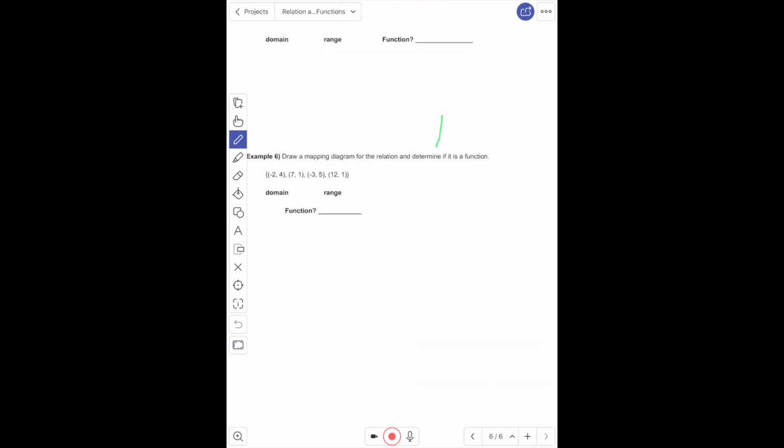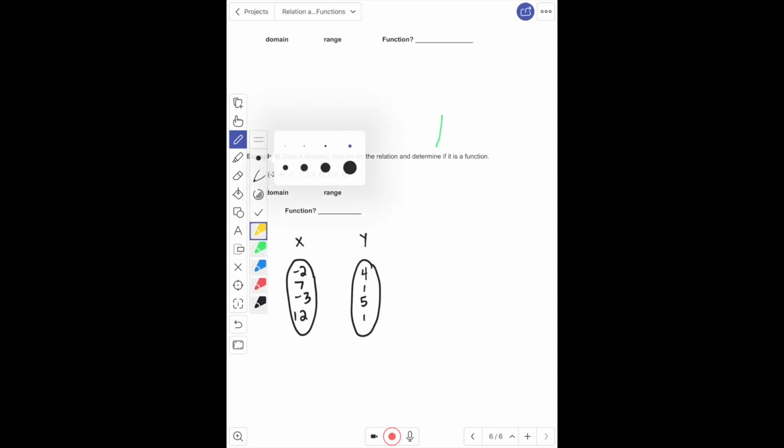All right, so another one on this side. Let's do another mapping. This is the last one we're going to do. So we have, for my x values, we have -2, 7, -3, 12. And for my y, we have 4, 1, 5, and 1. So we're going to map these. So -2 is going to go to 4, 7 is going to go to 1, -3 to 5, and 12 to 1.